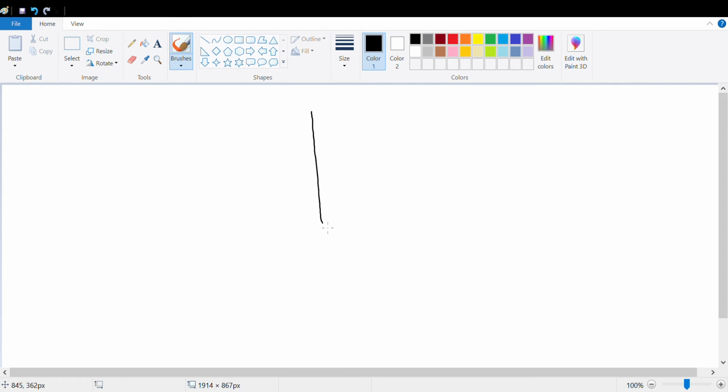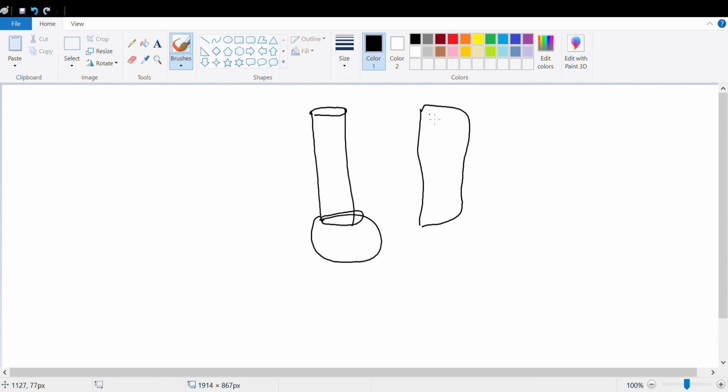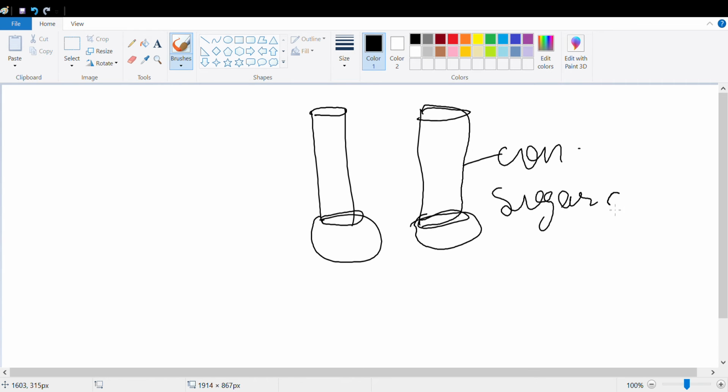Okay, take this, put a balloon here, open on both ends, take the same cylinder, put a balloon over here. Now pour concentrated sugar solution here. And here just normal water.